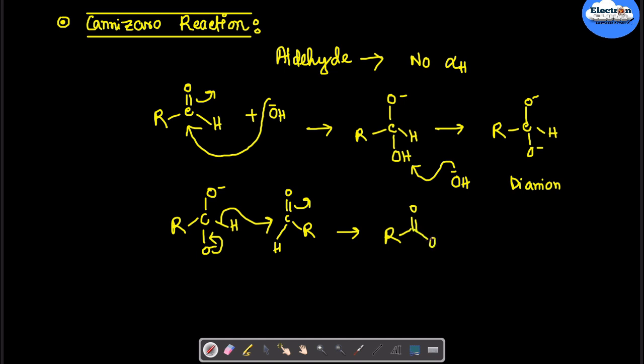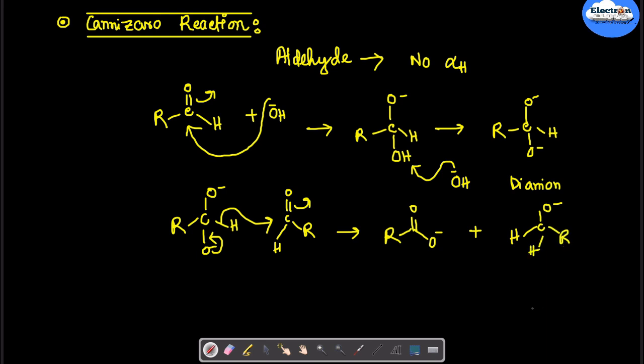So this is O minus, a carboxylic acid anion, and the other one will be attached with hydrogen atom, and it will form CH2O minus, and thus alcohol will be generated.